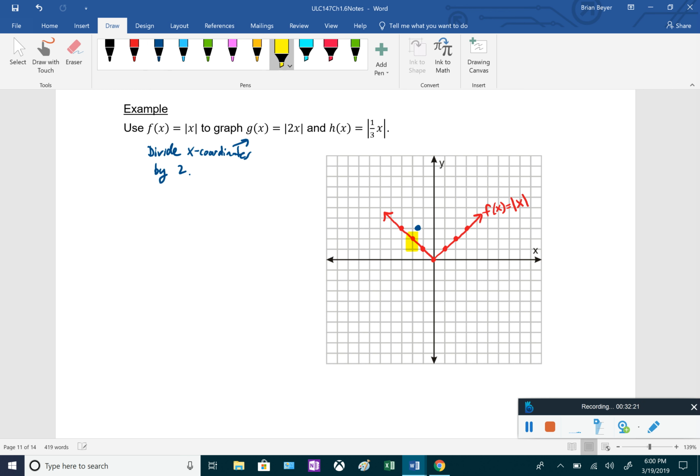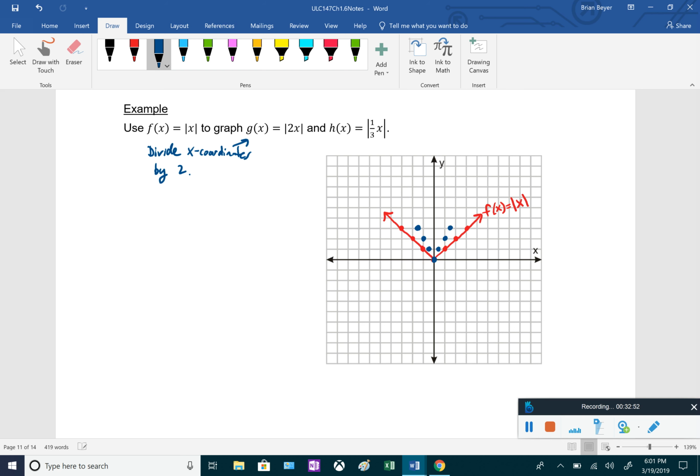For the next point down here, that was an x coordinate of negative 2. Divide that by 2, we get negative 1. So that'll put us right here. Y coordinate stays the same. Next one, negative 1 comma 1. Divide the x coordinate of negative 1 by 2, we get negative 1/2. Origin stays at the origin, and then it's symmetric, so it'll do the same thing on the other side.